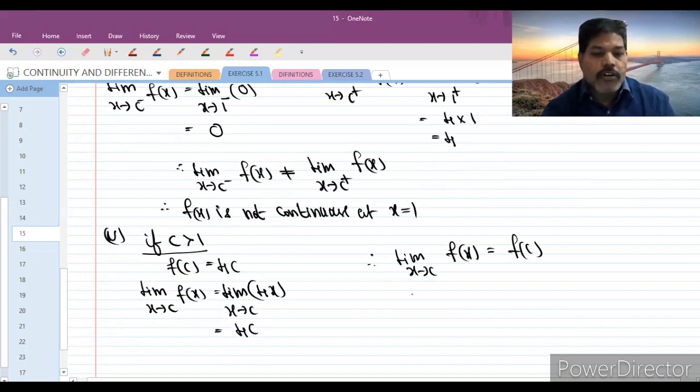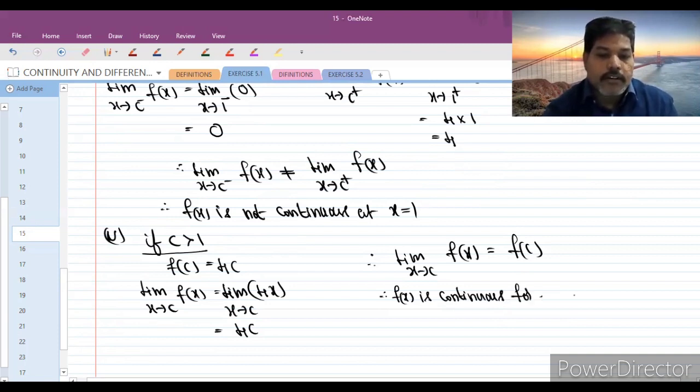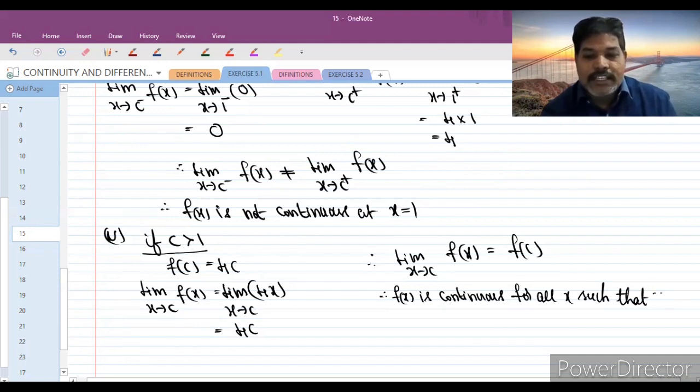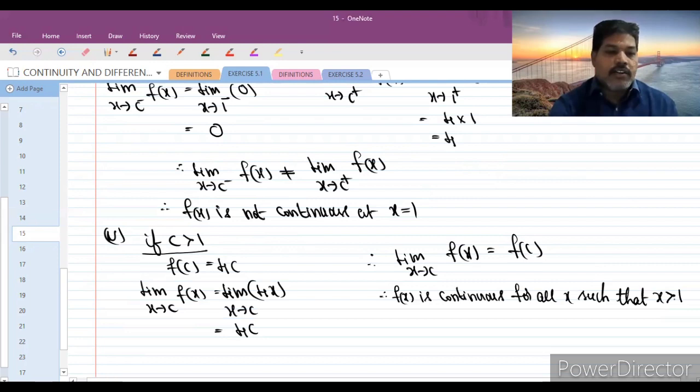Therefore, f of x is a continuous function for all x such that x is greater than 1.